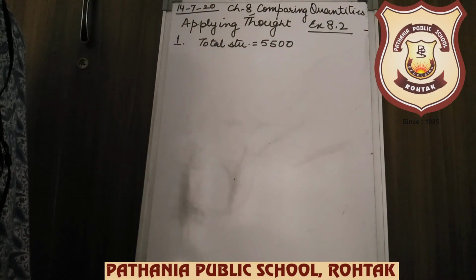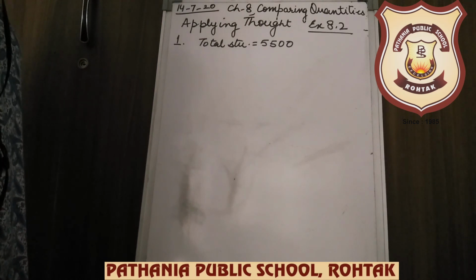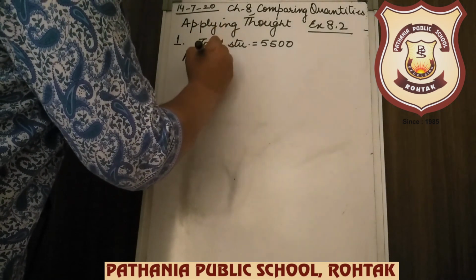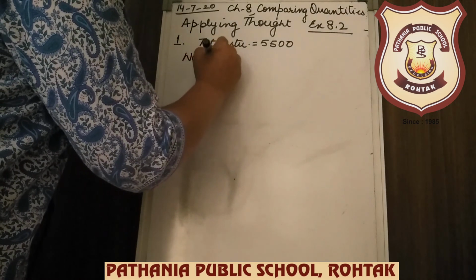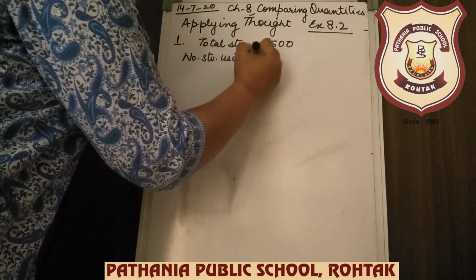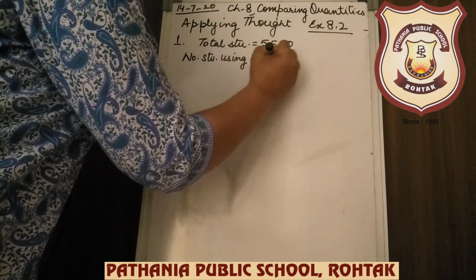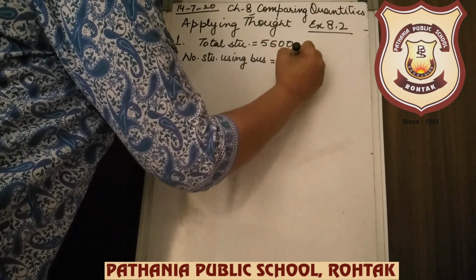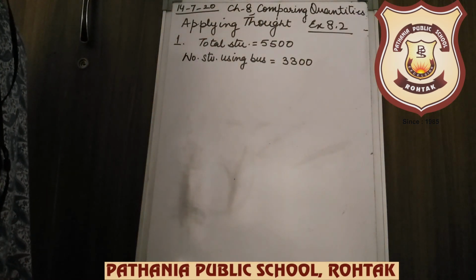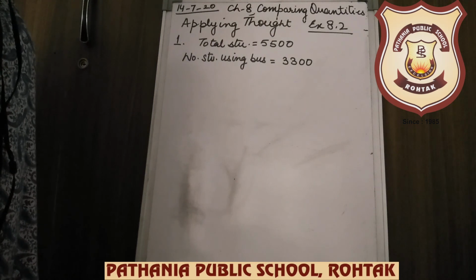3300 students use the school bus. Number of students using bus is equal to 3300, and the rest use their own conveyance.